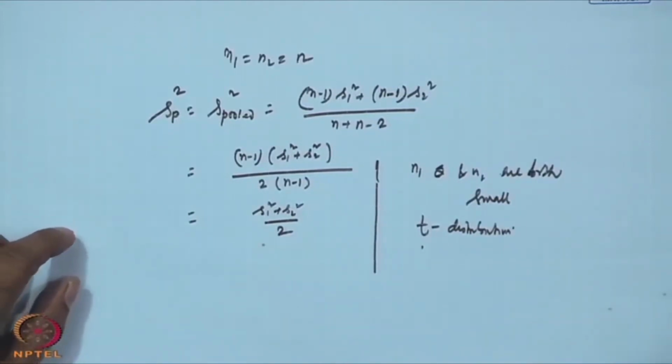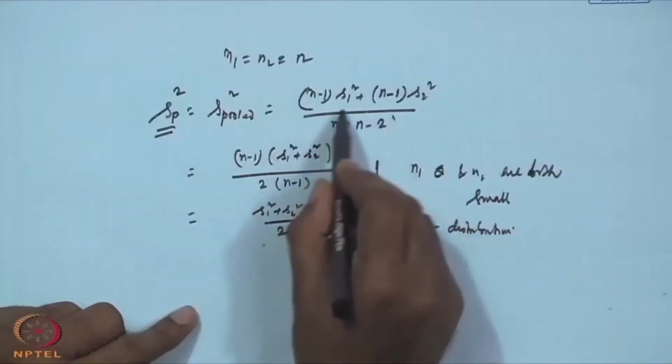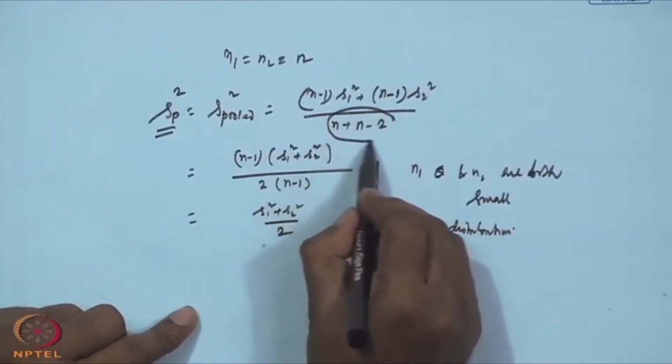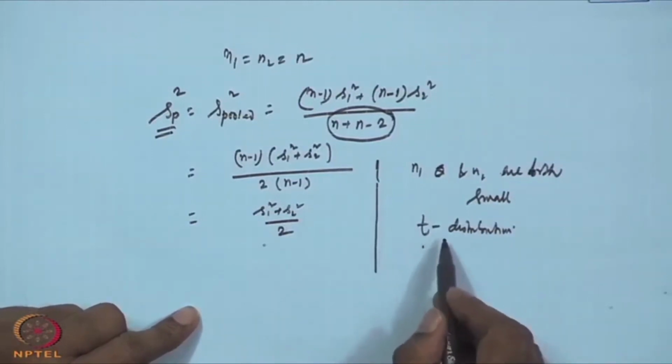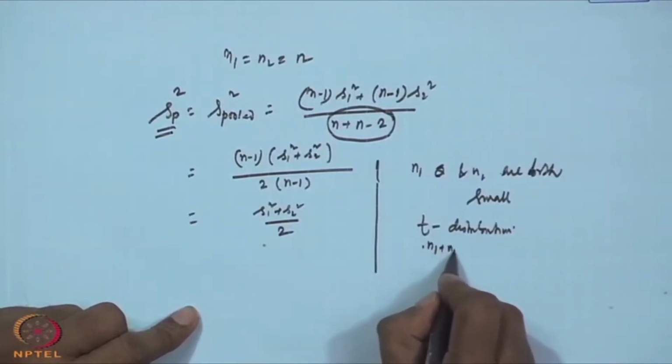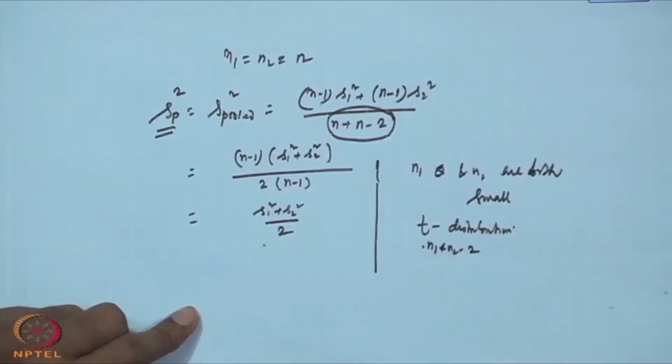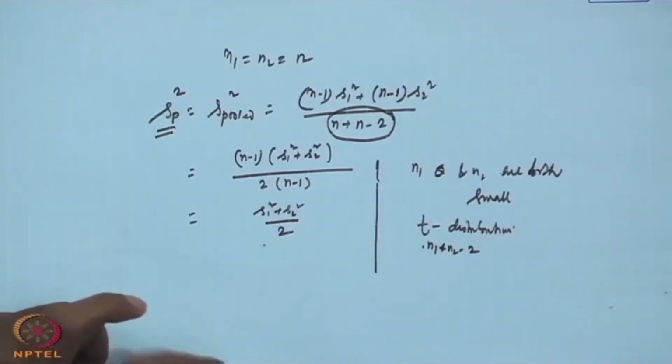Minus 2. Getting it? That is the big issue. So, ultimately you are calculating this, and you have this much degree of freedom available. Okay. So, you have to go for n1 plus n2 minus 2 degrees of freedom.